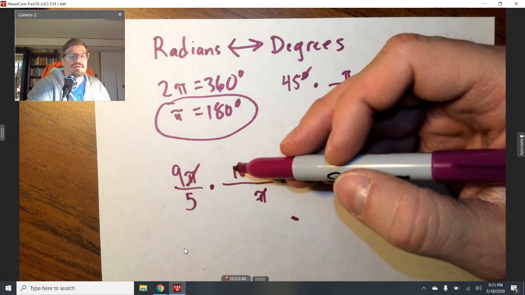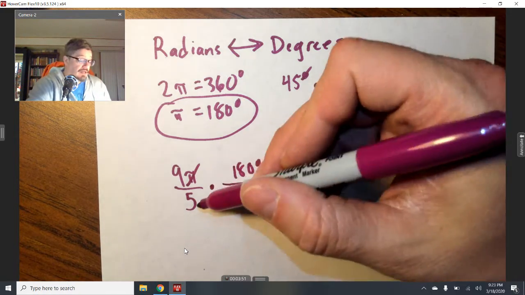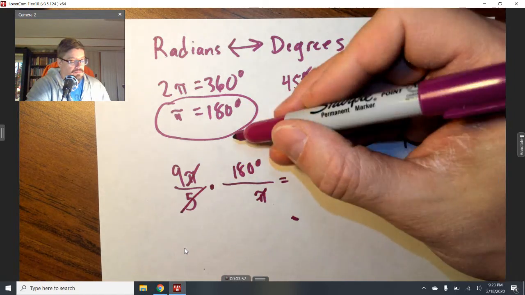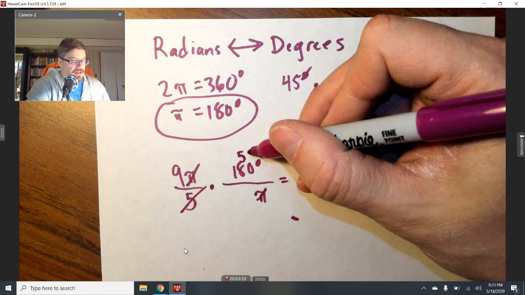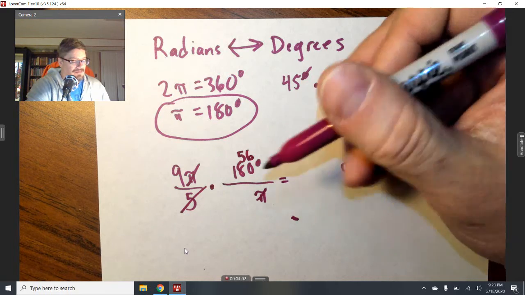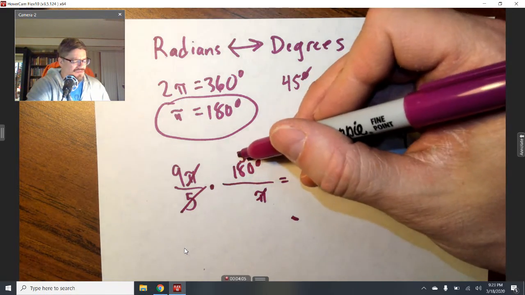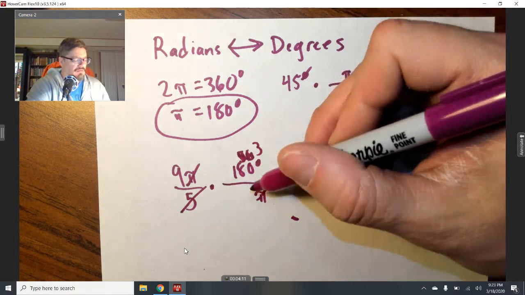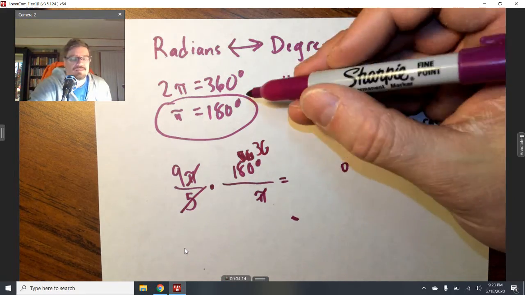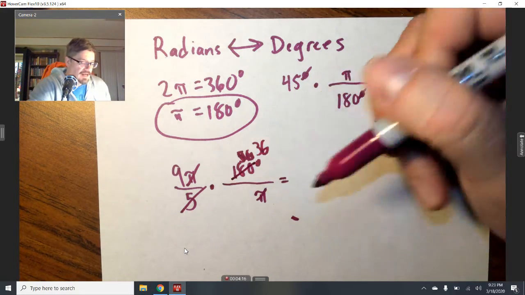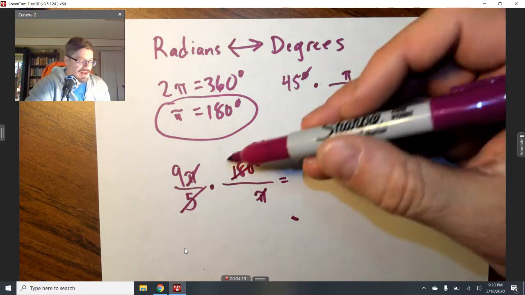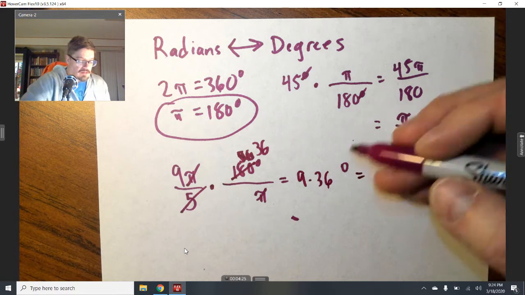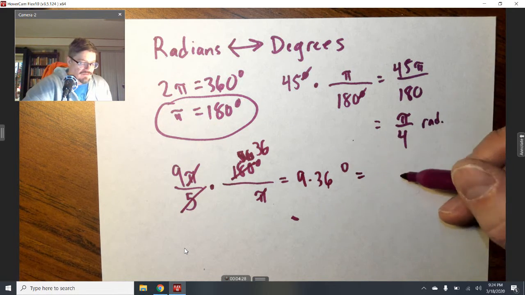So 5 will go into 180... 36 times. So this means the 180 and the 5 have been canceled, and 9 times 36 is what I'm looking for. 9 times 6 is 54.